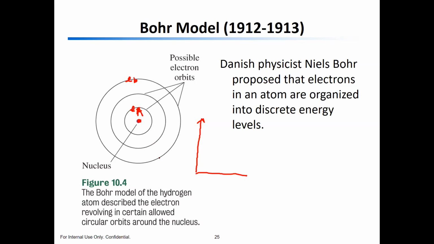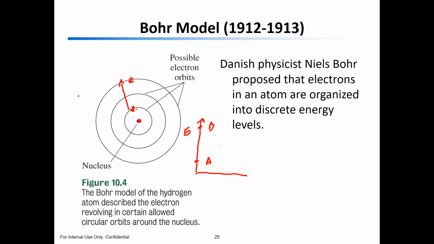So if it's stable, are you going to have a high energy or low energy? Low energy. So that means electron B is going to have a higher energy, right? Makes sense, right? A is more stable, low energy. B is less stable, it's farther away, higher energy. So now, these are all electrons. How does this electron jump up to here?